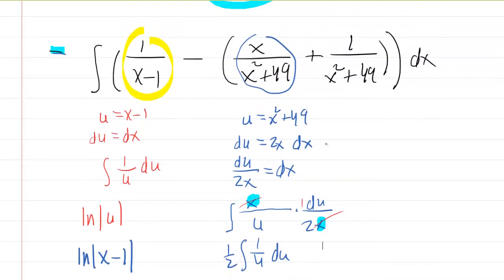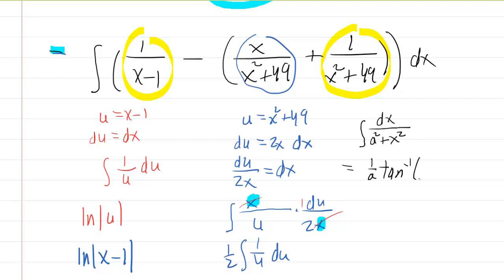The third one is a little trickier. This one is going to be an inverse tangent. There's actually a little rule of thumb that many of us have learned that when you are integrating the expression dx over a constant squared plus the variable squared, then that's going to equal 1 over your constant times the arctangent of your variable over your constant.